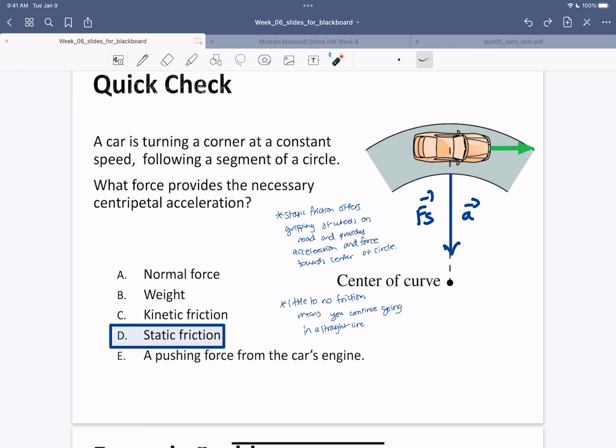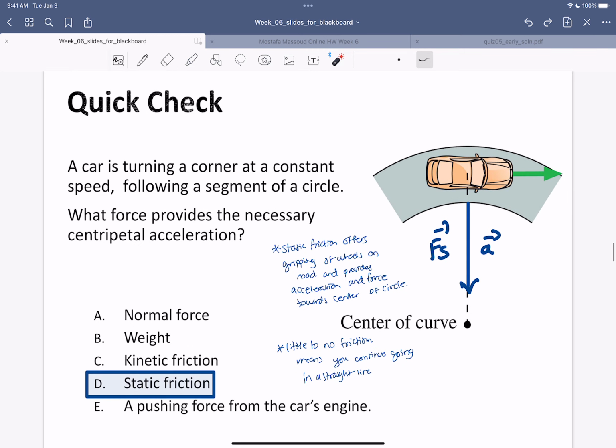But I don't know if this is quite accurate: depending on the situation, if we had a snowboarder making a sharp turn on ice, the snowboard is sliding on ice, right? There's no grip really to that snowboard. So to move in that circular motion, maybe kinetic friction would be pointed towards the center. But I'd have to check up on that one.